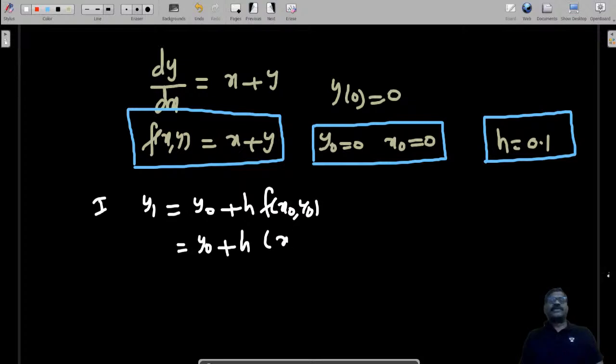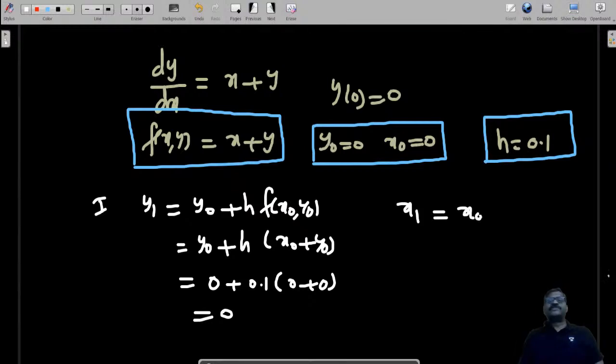Function of x0 y0 is x0 plus y0. y0 is 0, h is 0.1, x0 0, y0 0, finally 0. x1 is x0 plus h, 0 plus 0.1, that is 0.1.